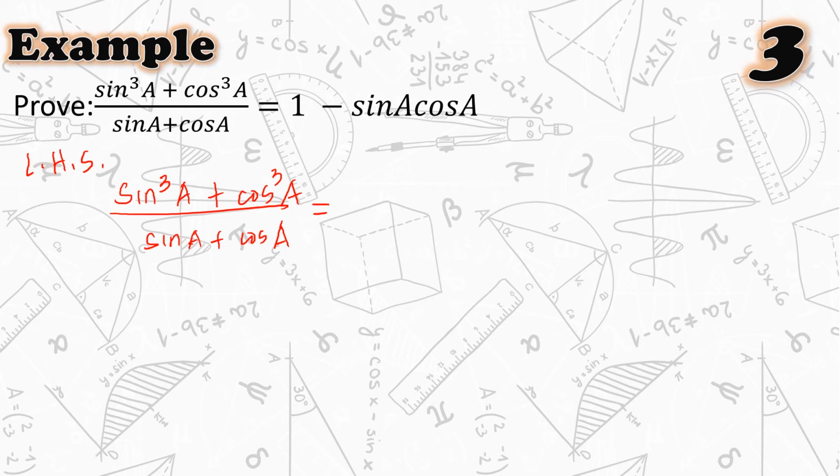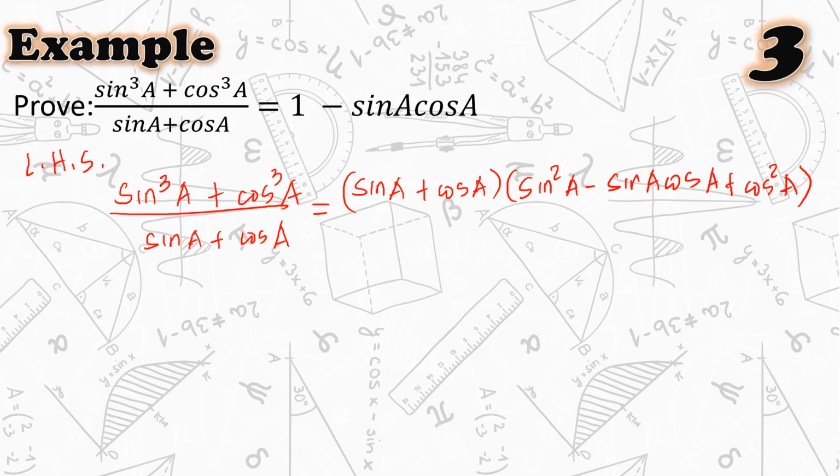Another way to prove trigonometric identities is using factoring. Notice that the numerator of this expression is of the form sum of two cubes. Factoring the numerator, we have sine A plus cosine A times the quantity sine squared A minus sine A cosine A plus cosine squared A, using the formula for factoring sum of two cubes.